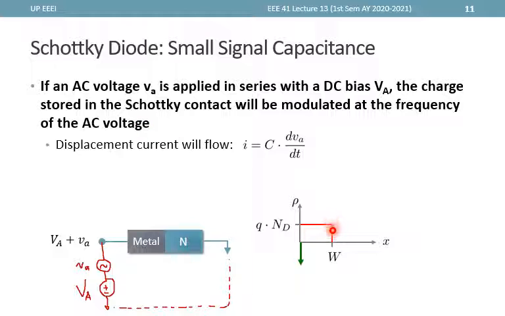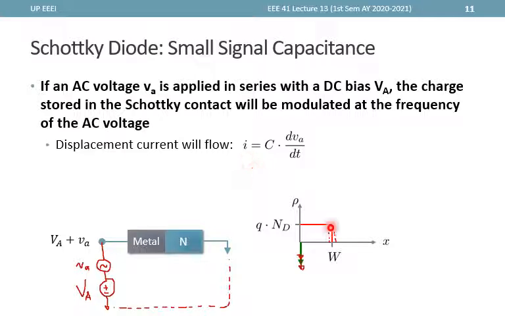Now, the average charge will be determined by the DC voltage or the average voltage, and applying some small signal voltage will cause the depletion width to vary around that value, causing some small signal charge to be moving around this depletion region.